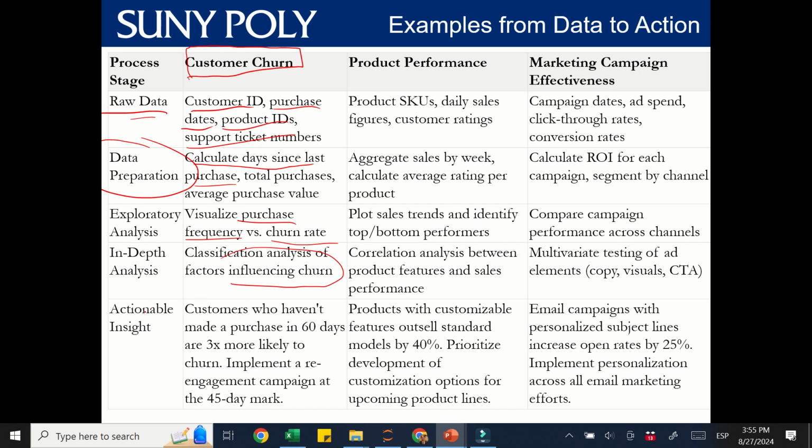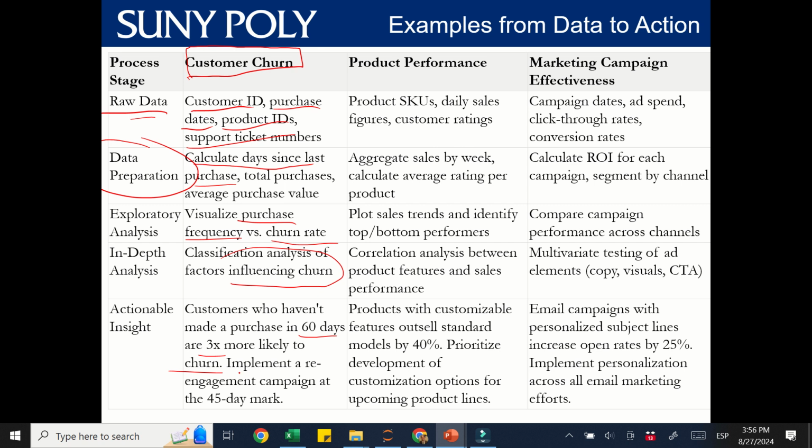So finally, the actionable insight that they found in this case is that customers who haven't made a purchase in 60 days, 2 months, are 3 times more likely to churn, which makes sense. I mean, if they don't buy a single product in 2 months, you should be worried.